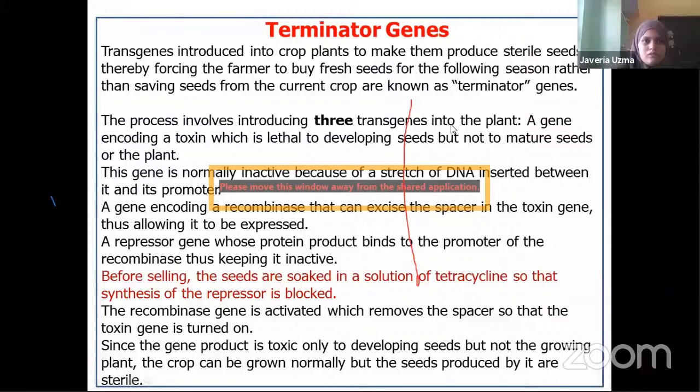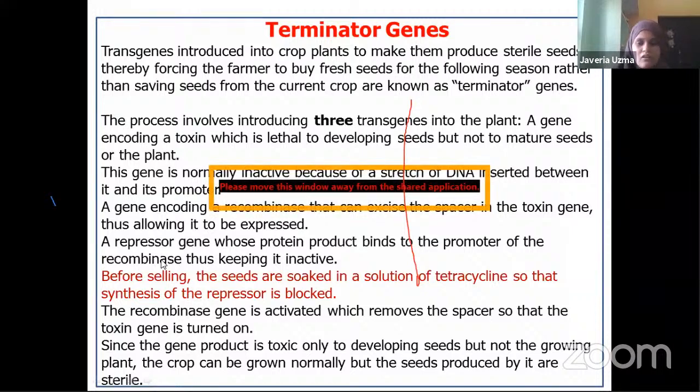These GMOs have terminator genes which make the seeds sterile. So the crop grown from the seeds they used, which again gives seeds, they cannot save for the next season. Instead, for every season they have to buy fresh seeds, because these GMOs have a technology known as terminator technology, where there will be three genes.